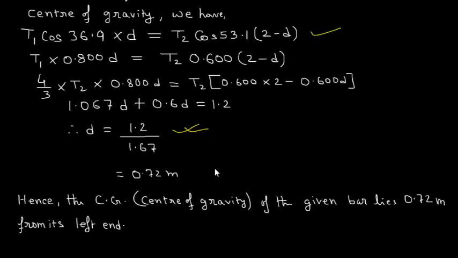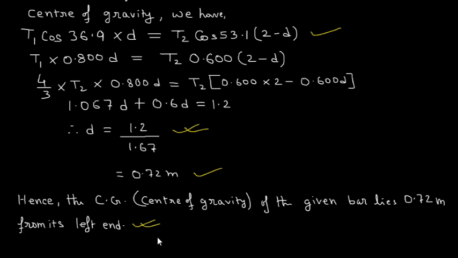So ultimately we get the value of d as 0.72 meter. Hence the CG, center of gravity of the given bar, lies 0.72 meter from its left end. So this is the end of this problem.